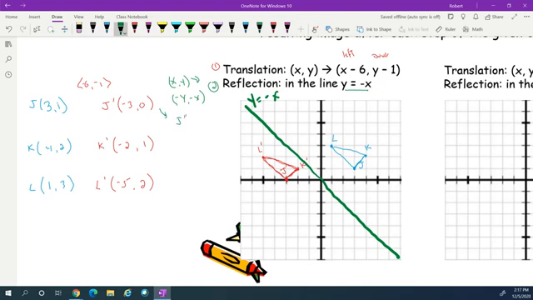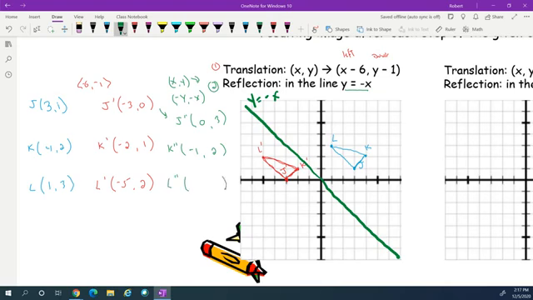So J double prime: I'm going to take the -3, put it to the back, and change its sign. I'm going to take the 0, bring it to the front, change its sign. For K double prime, the -2 goes to the back and becomes positive. The 1 comes up front and becomes negative.